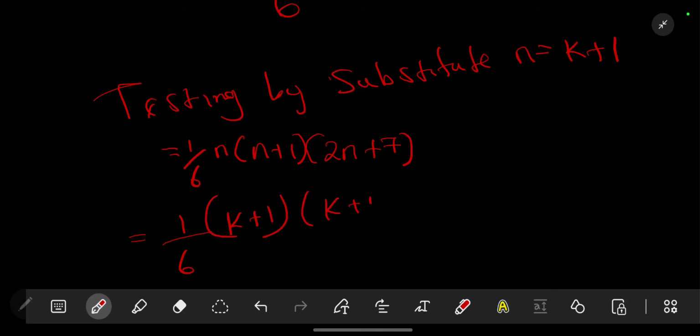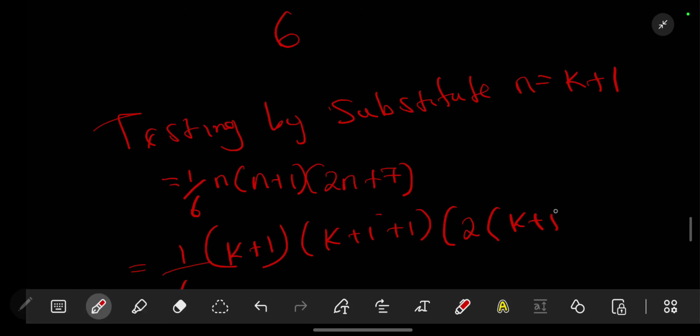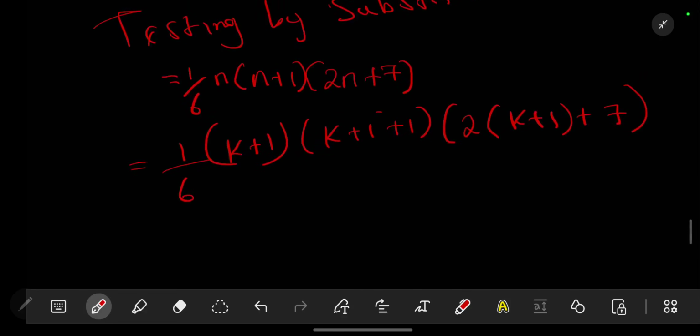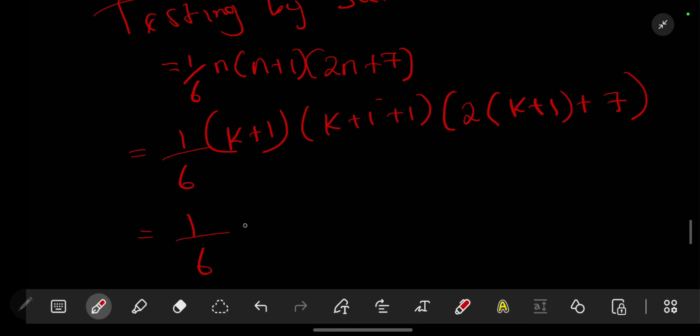Where there is n, we put k plus 1. Then we have plus 1, like that. We have 2. Where there is n, we put k plus 1, plus our 7. We are just replacing. So this gives us 1 over 6. We have our k plus 1.